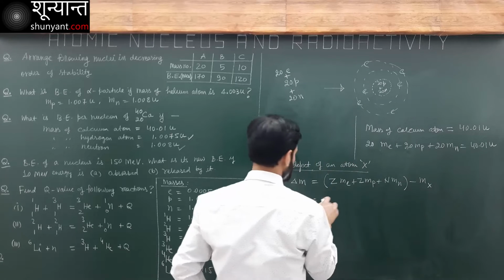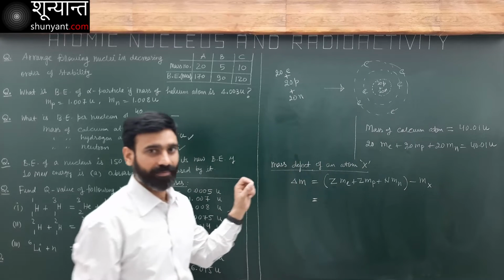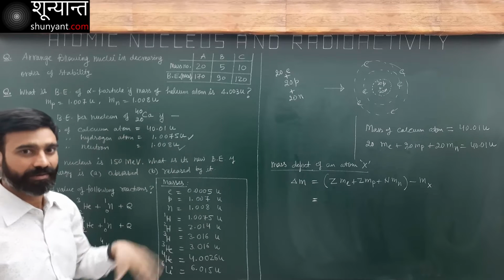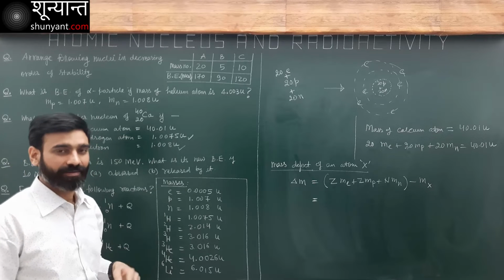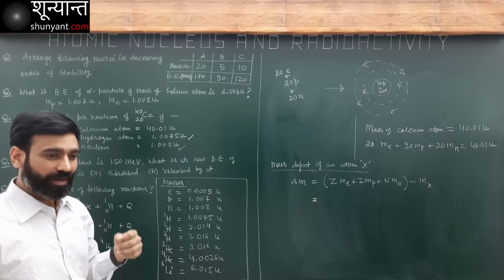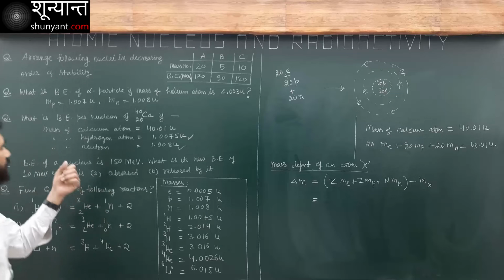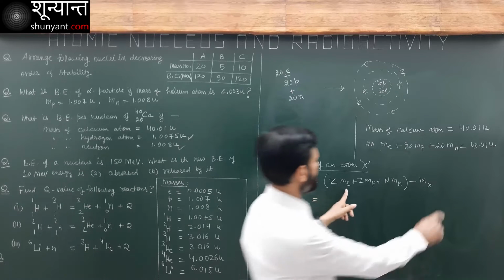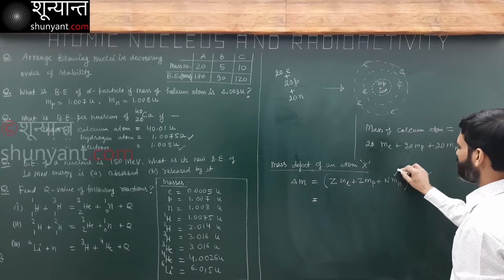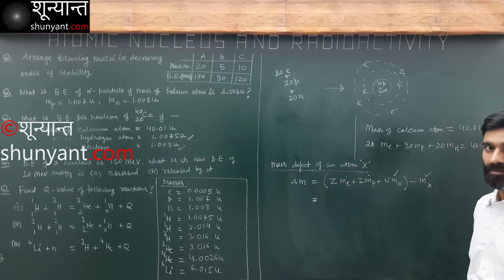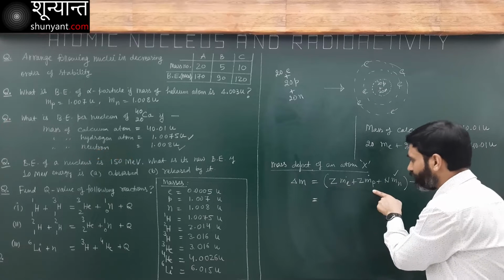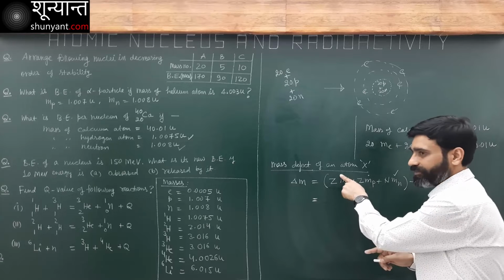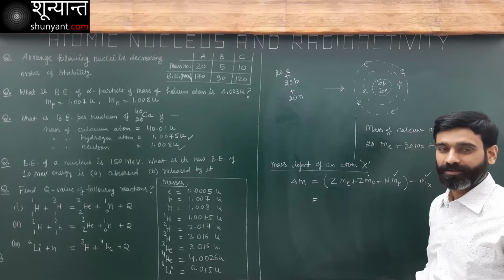But in this problem, the mass of electron is not given, so either I ignore it, or I make some other rearrangement. Mass of proton is also not given. You say this is given, this is given, but these two are not given. If they are not given, then I can ignore this, but I cannot ignore this.